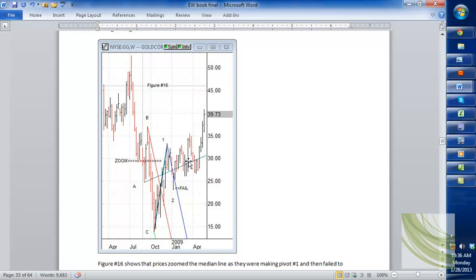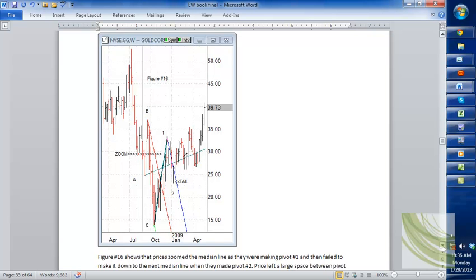Okay, and that quite often this move will make that 100%, if not the 163%. Right? That's the whole gist of it.